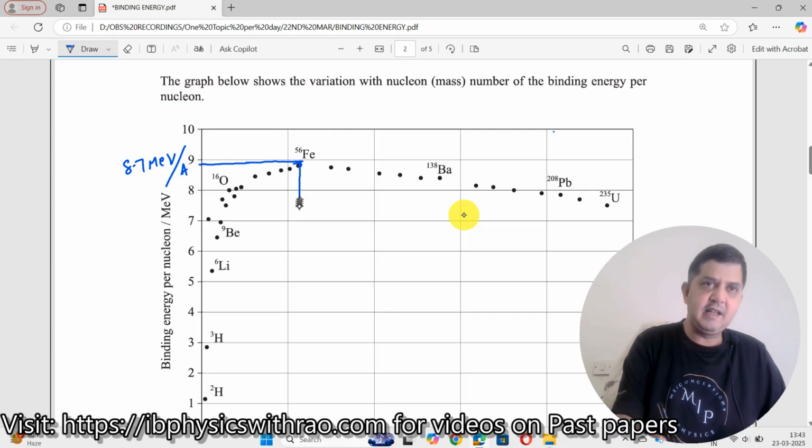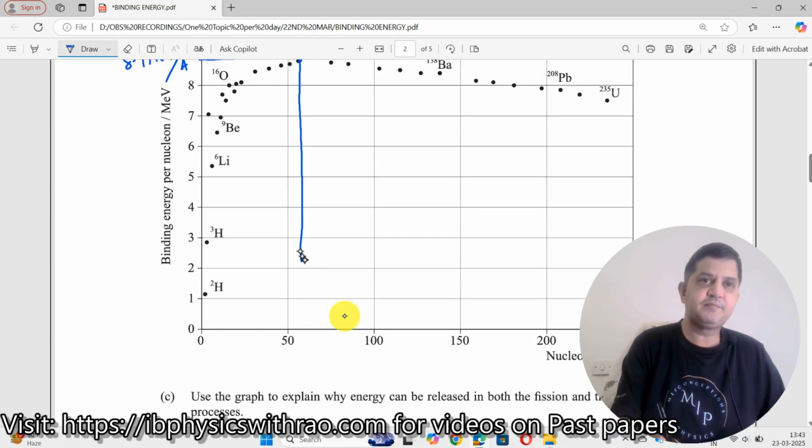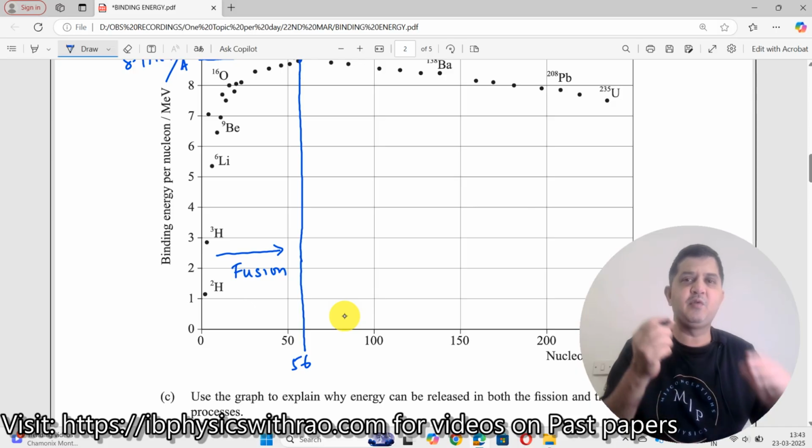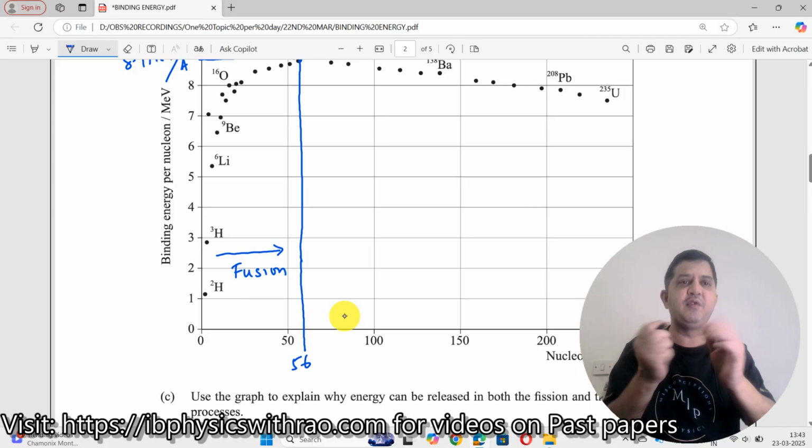If I draw a line here at 56, then to create elements from hydrogen up to iron, I can go in this direction by the method of fusion. What is fusion? You take several smaller nuclei and join them together, and you get fusion.